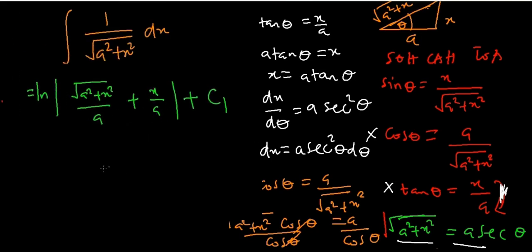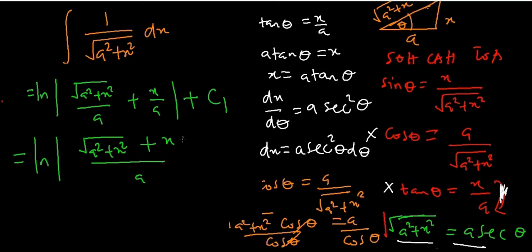Let's continue. So you see that I'll have something like this. I can write this as the ln of the square root of a squared plus x squared plus x, all over a, plus C1. Since they have a common denominator, I can write it in this form.